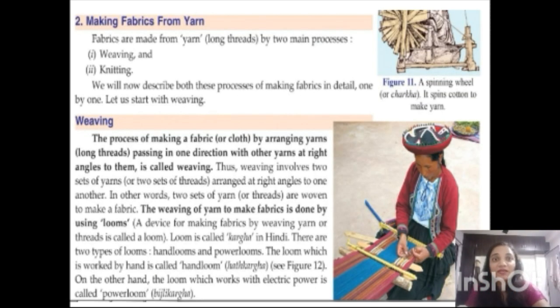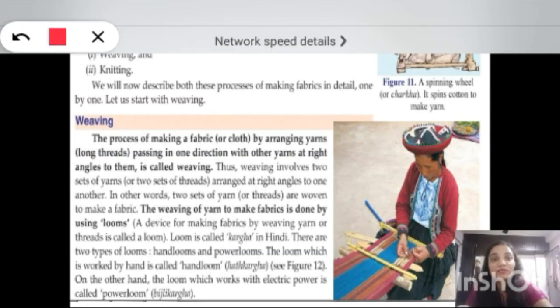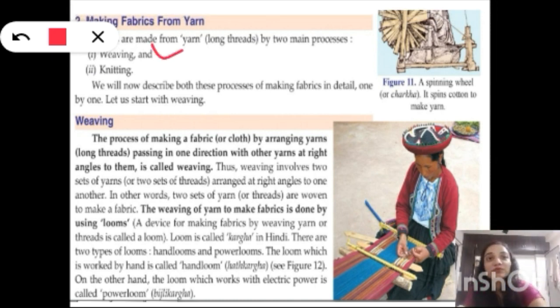After spinning, we have to convert that yarn into fabric. So what instrument or process can we use? We have two processes: weaving and knitting. Weaving can be done by hand or by machine.